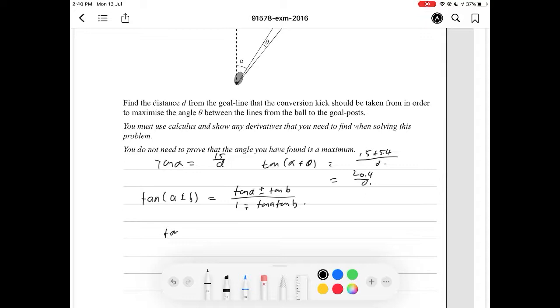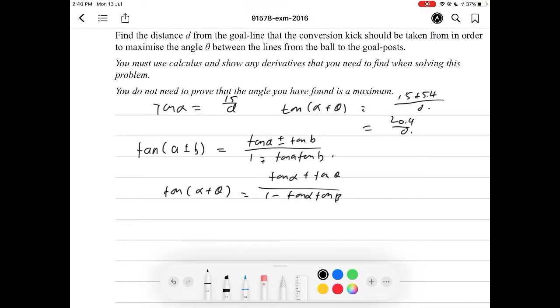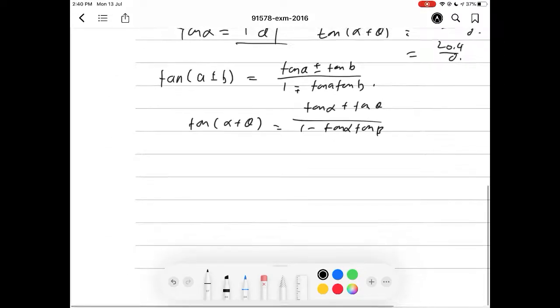So therefore we can say that tan of alpha plus theta equals tan alpha plus tan theta over 1 minus tan alpha tan theta. But one important piece of information we know is that tan alpha is 15 over d. So we're going to plug that in.